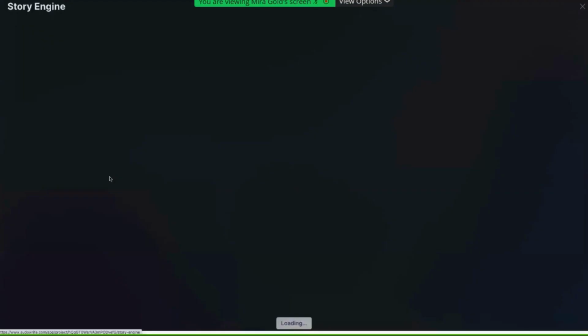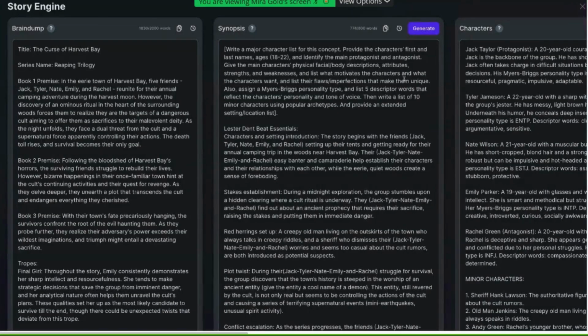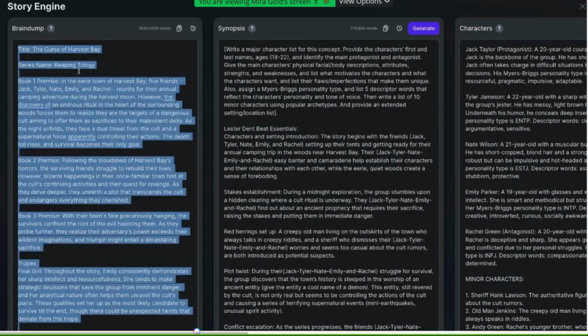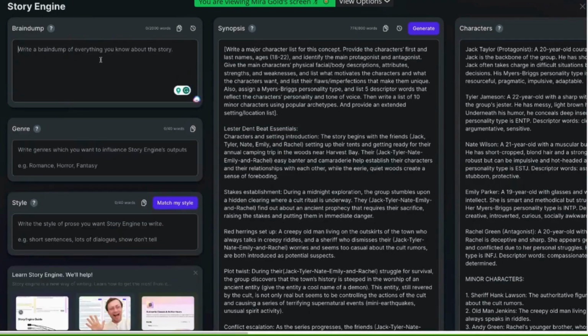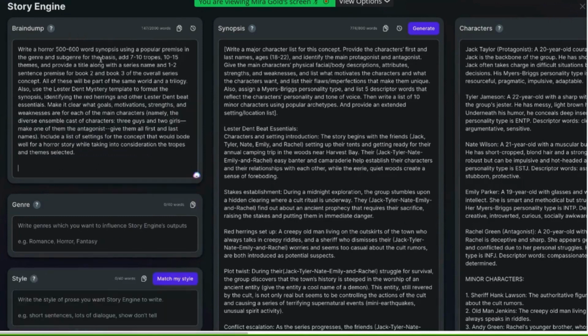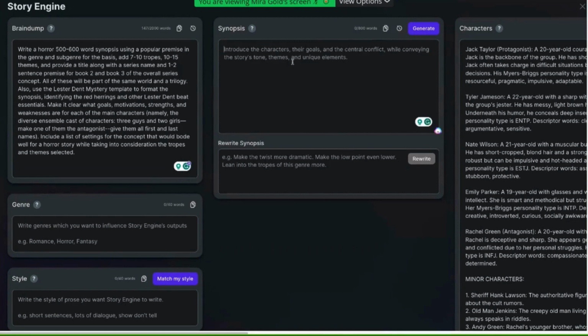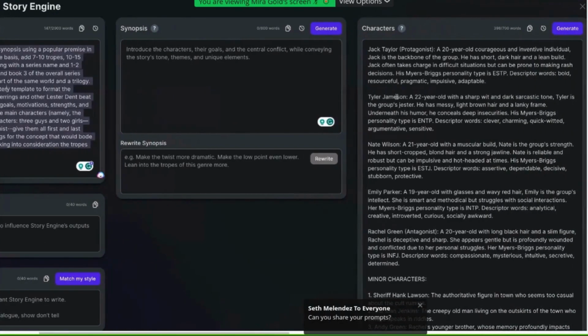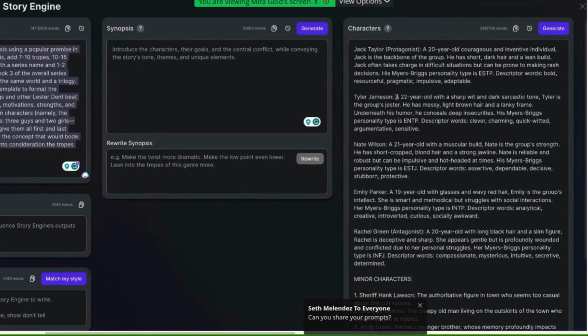I'm going to go ahead and click on Story Engine. And we are going to remove this content. So I already generated something prior, and you can see that information here.